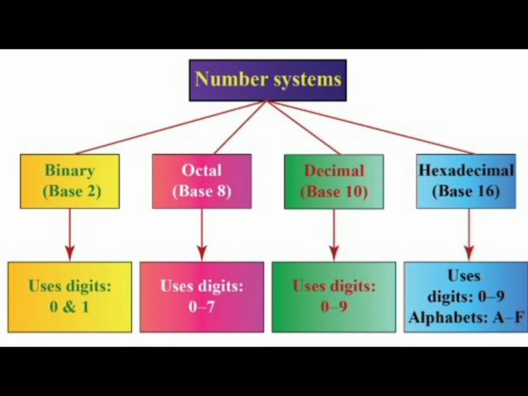Octal, octa meaning 8, has base 8 and uses the digits 0 to 7. The decimal number system has base 10 and uses the digits 0 to 9. And the next one is the hexadecimal system. It uses the digits 0 to 9 and the alphabets A to F.